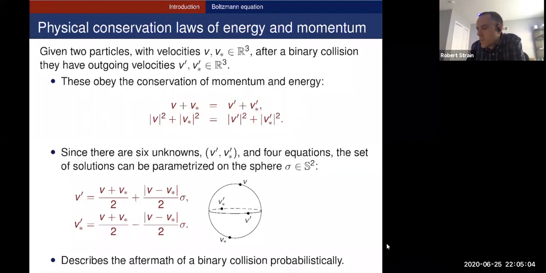The first equation, v + v_* = v' + v'_*, is actually three equations because these quantities are in R^3, and the second equation is one equation, conservation of energy.